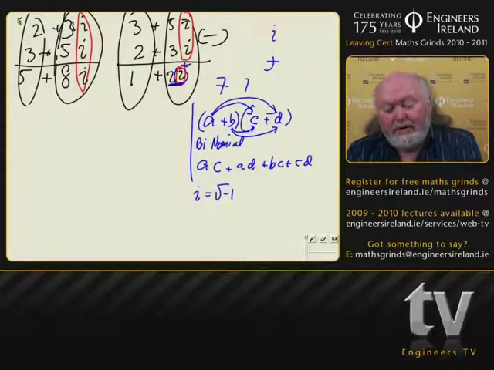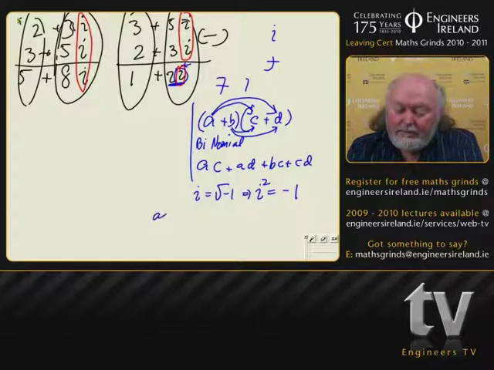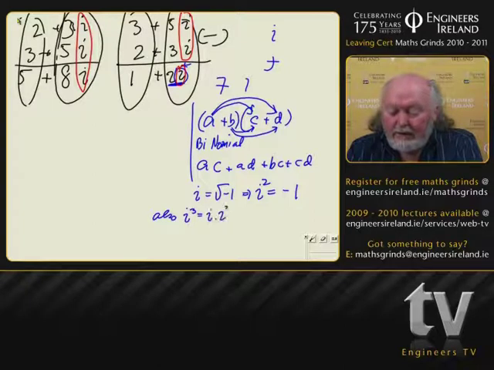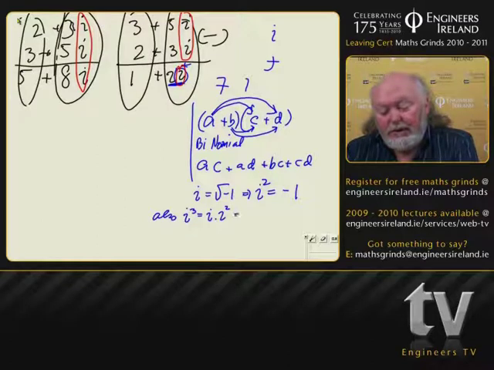Because of that, we can say that i squared, i by i, will be the square root of minus 1 multiplied by the square root of minus 1, so it's minus 1. That's i squared. And also i cubed, which happens to be i by i squared. So we can use the lesson we've just learned. It's going to be i by minus 1, so it's minus i.